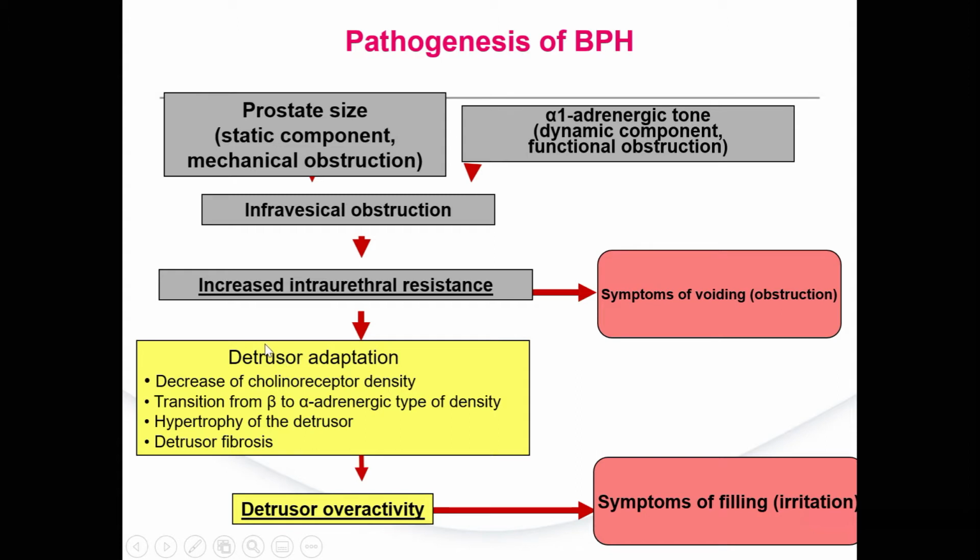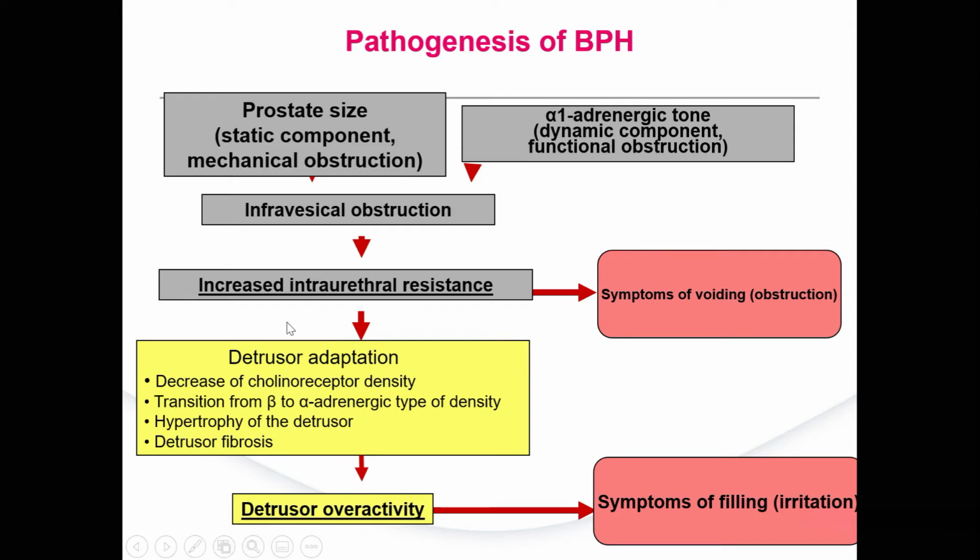have the physiological reaction to this pathological state like detrusor adaptation, which causes a decrease of cholinoreceptor density, transition from the beta to alpha adrenergic type of the density, and also the hypertrophy of detrusor and detrusor fibrosis become the physiological reaction to the obstruction and lower urinary tract symptoms.